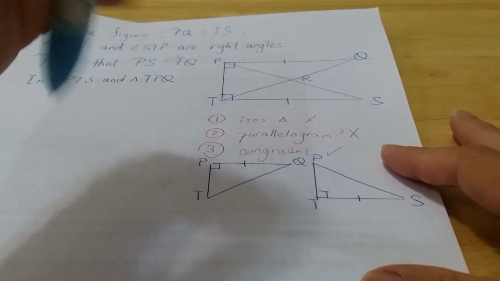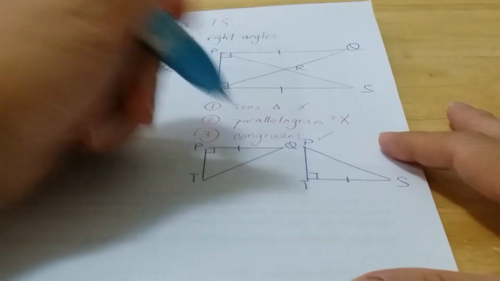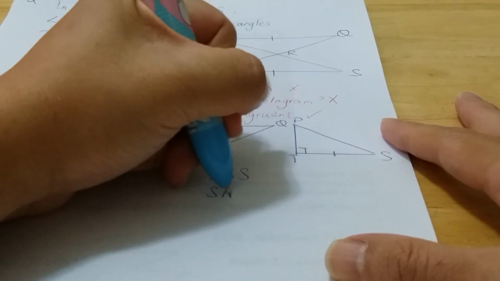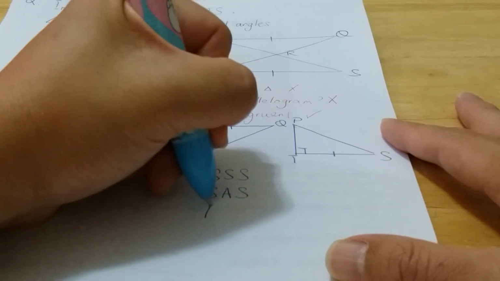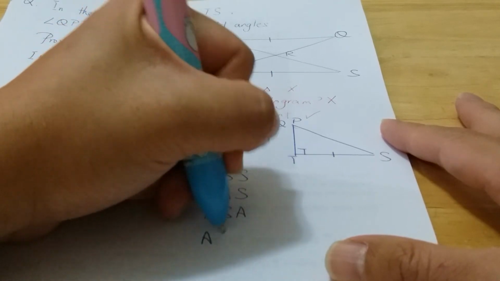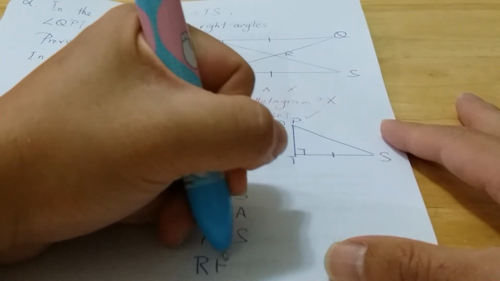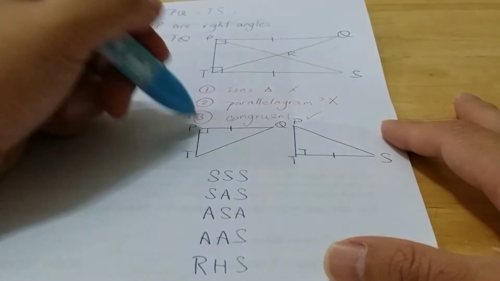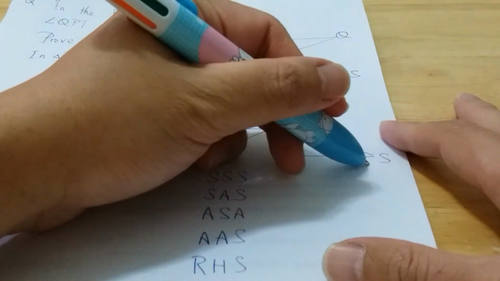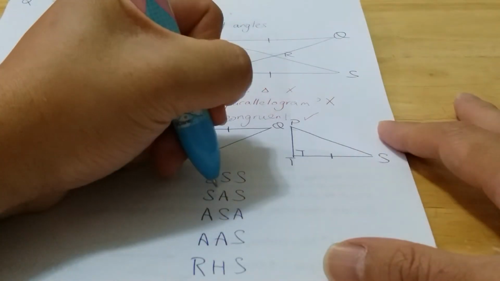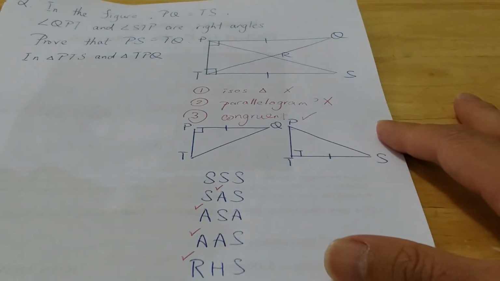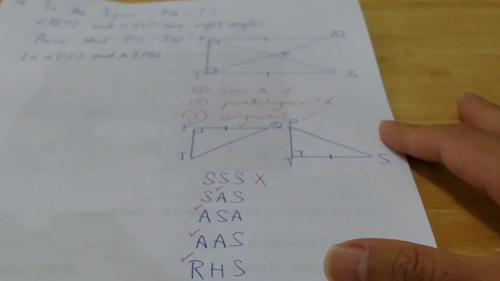Once again, we look at the congruence tests: SSS, SAS, ASA, AAS, and RHS. Angle QPT and angle STP are right angles, so we have one angle, and we will not use SSS.